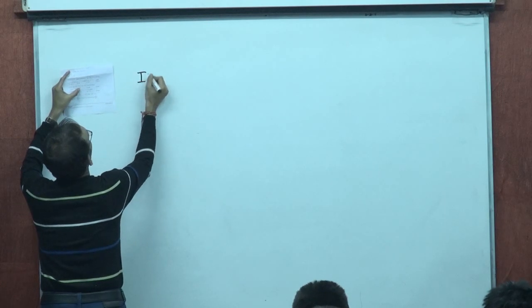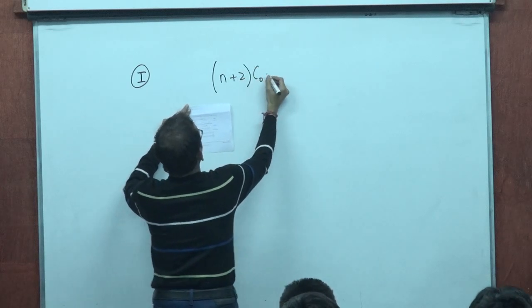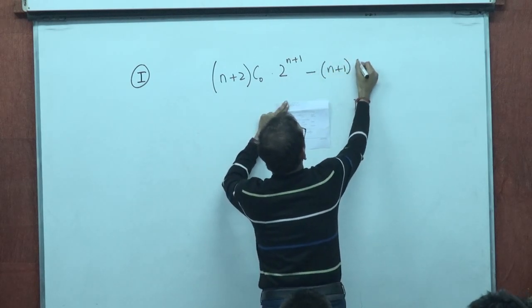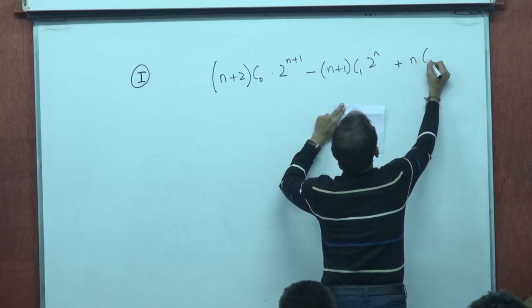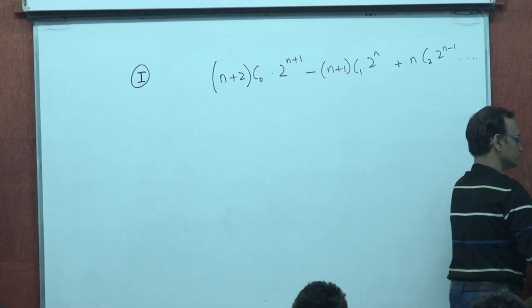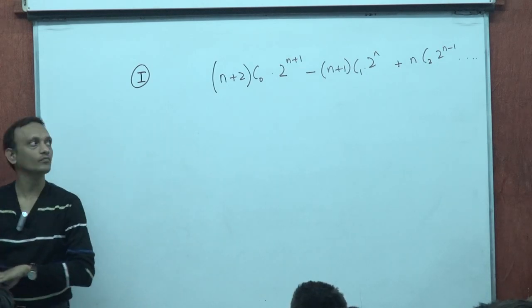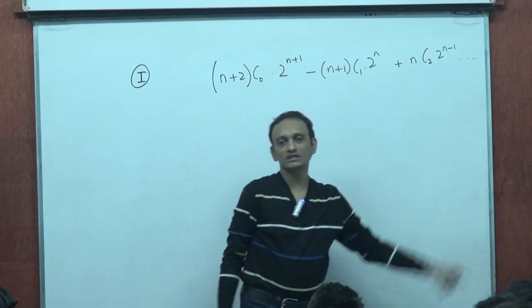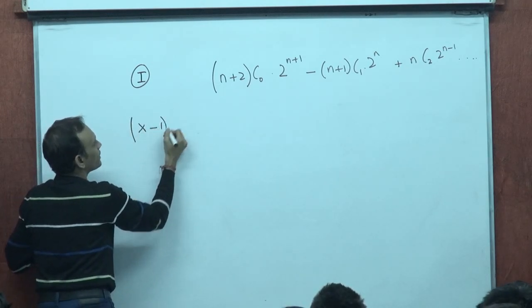Next, problem I: we are seeking to find (n+2)C0 2^(n+1) minus (n+1)C1 2^n plus nC2 2^(n-1), etc. I'll start with (x-1)^n in this case.